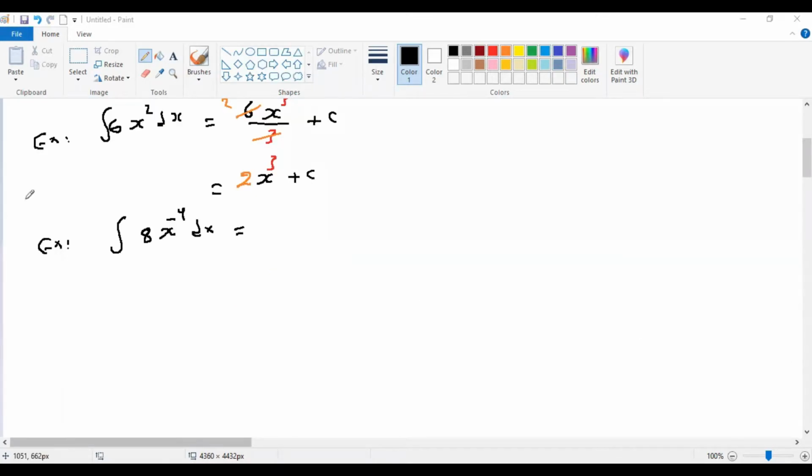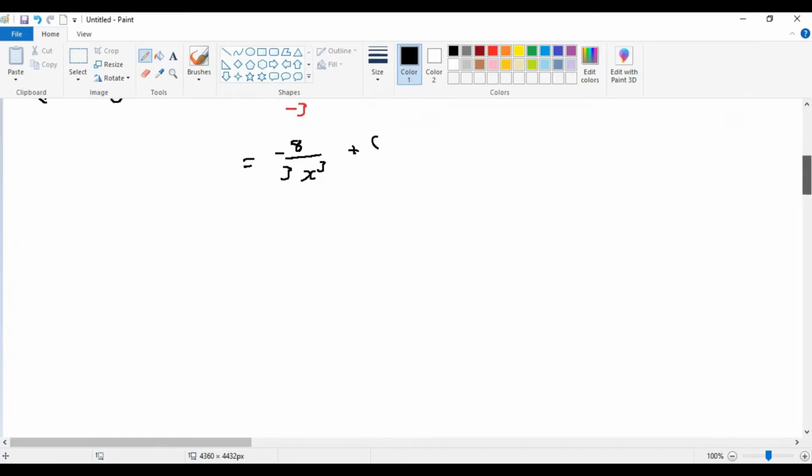Now, k is 8 and n is negative 4. n plus 1 is minus 3, over minus 3, plus c. This can also be simplified. So we have minus 8 over 3, x to the negative 3 can be written as x cubed in the denominator, plus c.